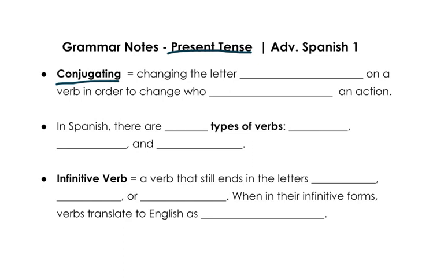So you may have seen me use this C word right here, conjugating, before. I'm not sure if I've used it with you guys, but basically what this word means is when you conjugate a verb or when you conjugate an action, that is talking about the process of changing the letter endings on a verb in order to change who does an action.